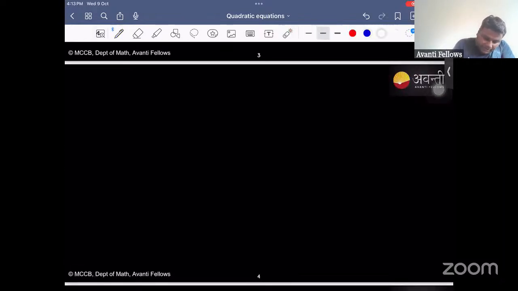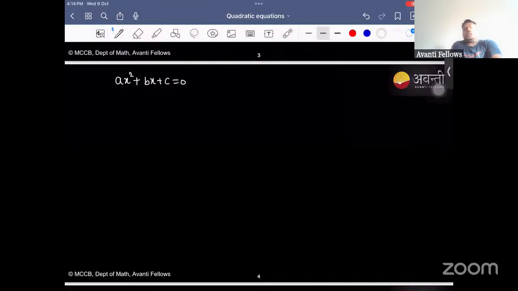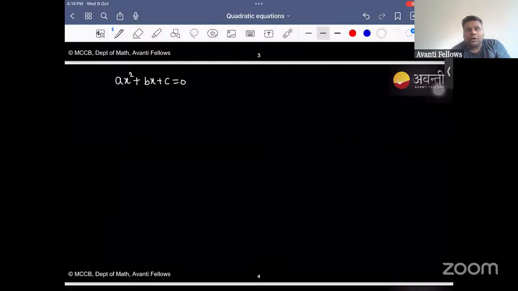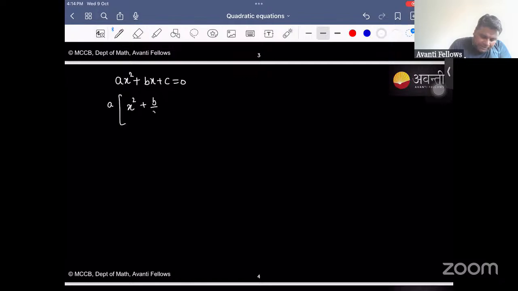Say we have ax square plus bx plus c equals 0. With the method I'm going to tell you, also understand how we complete the square in case of a quadratic equation. First of all, make the coefficient of x square as 1 or minus 1. If I take a common, it will be x square plus b upon a x plus c upon a equals 0.